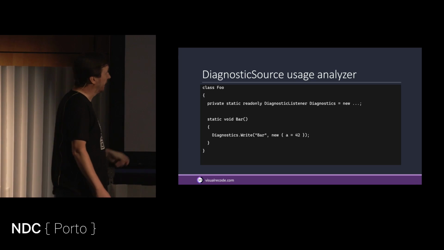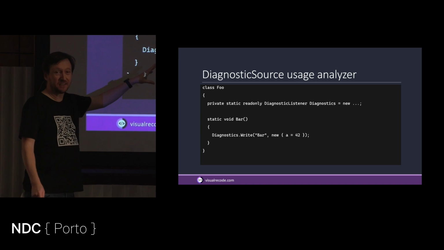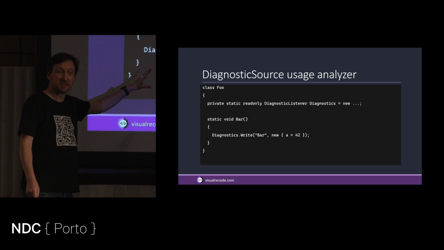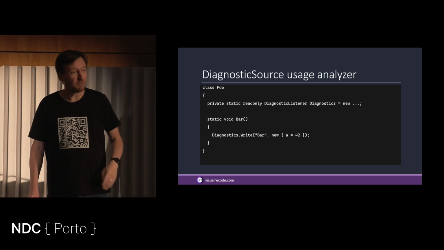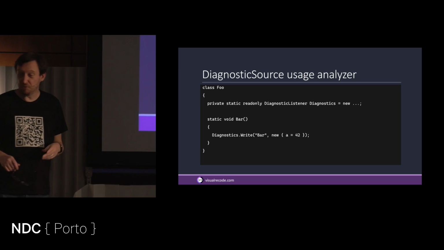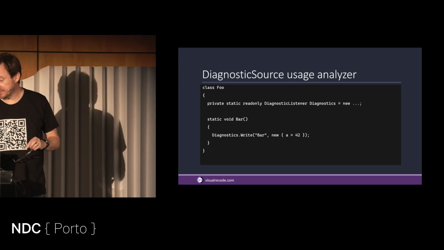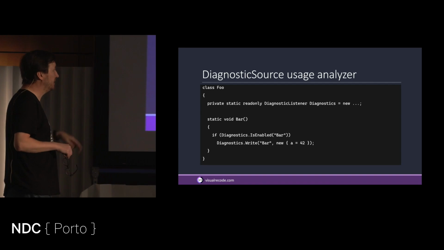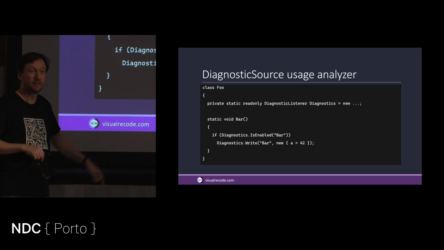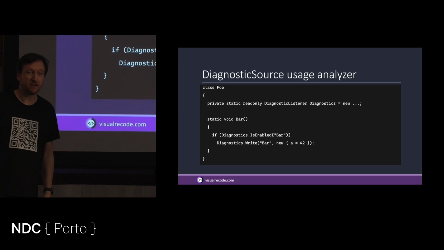And we had this in stuff that was running 100 times a second because this was a trading system, and it was just going bang, bang, bang, get the stock update, get the stock update, get the stock update. And so what you're supposed to do is say, if diagnostics is enabled, then do the diagnostics.Write. So you don't incur the overhead.